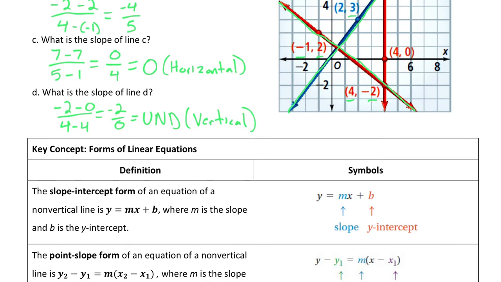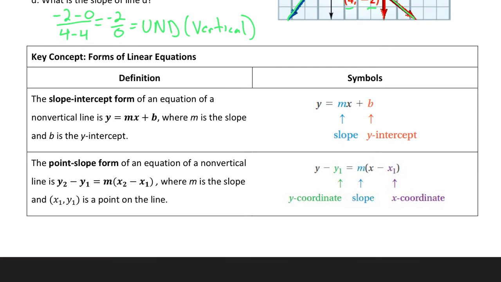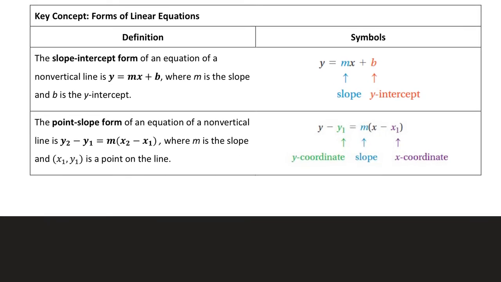So to move ahead from that quick review of slope, we're going to talk about the different forms of linear equations. And these are forms we covered last year, so this should be at least a little bit of review. The first form is slope-intercept form, and that's y equals mx plus b, where m is the slope and b is the y-intercept.